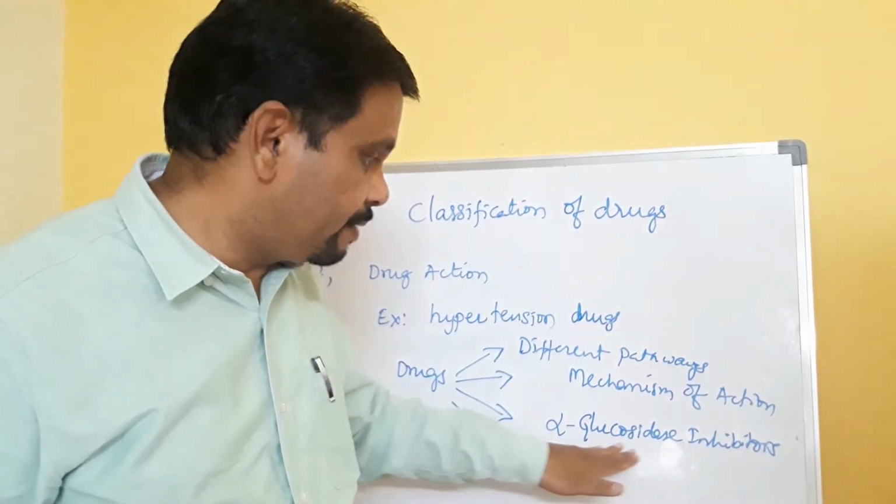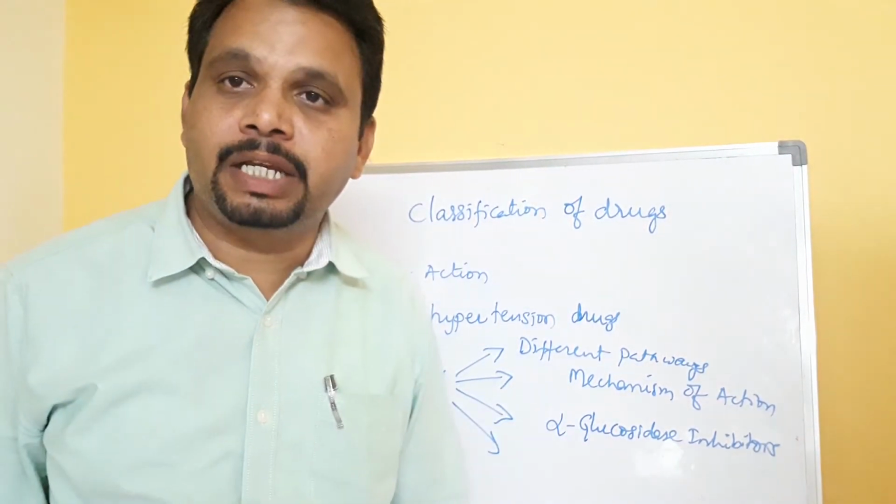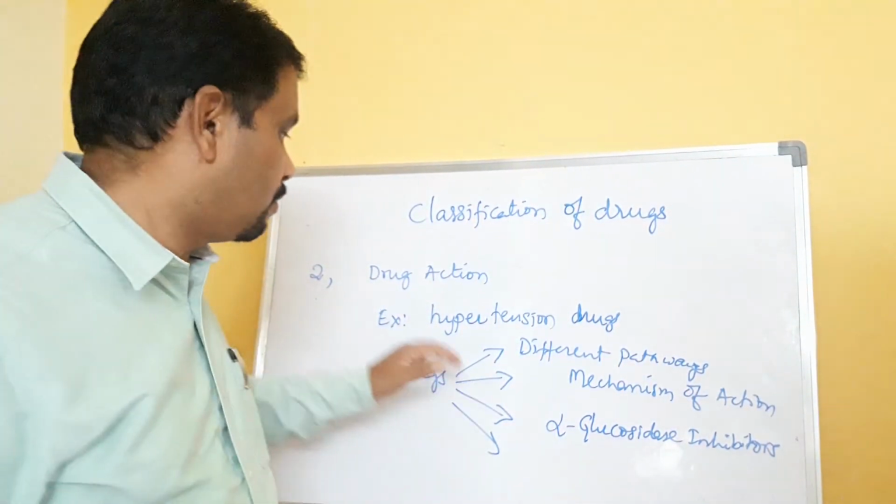So the mechanism of these drugs is through inhibition of the alpha glucosidase enzyme. I hope you understand what I want to say.